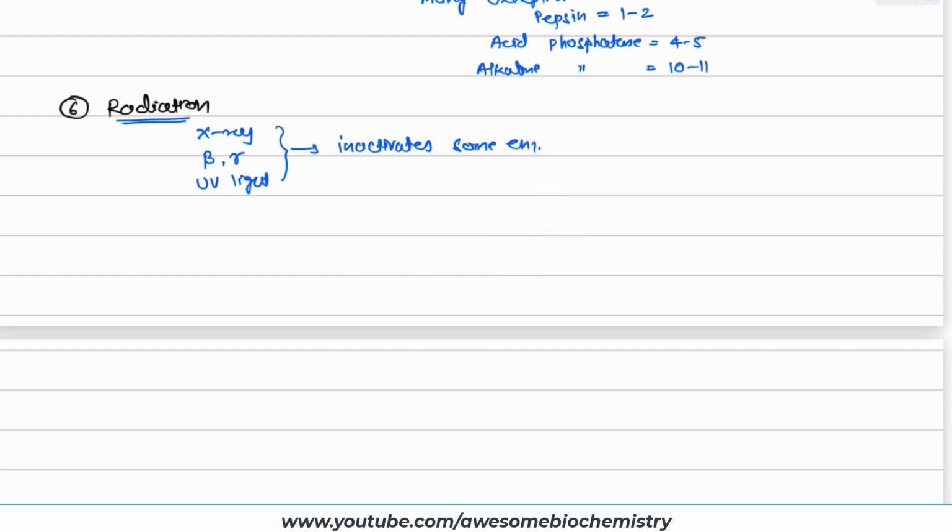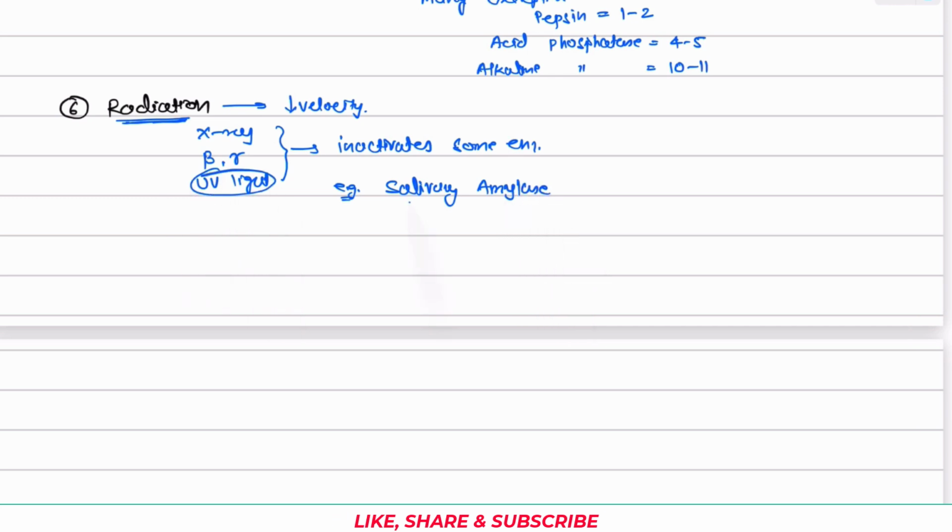So it is obvious that if there is increased radiation, it leads to a decrease in the velocity of the enzyme catalyzed reaction. A very good example is salivary amylase. Salivary amylase is very sensitive to ultraviolet light. So salivary amylase gets deactivated in the presence of ultraviolet light.